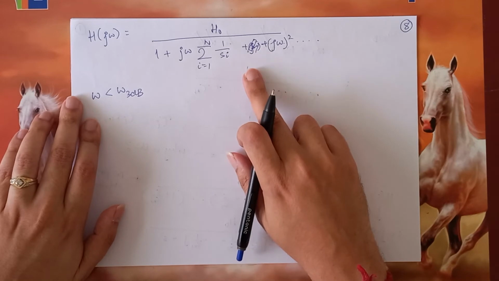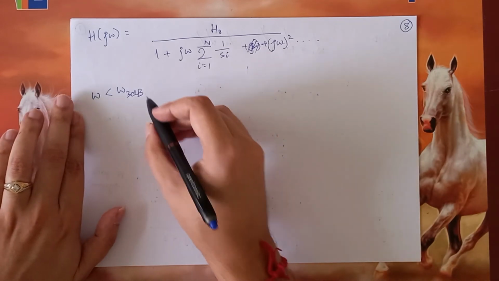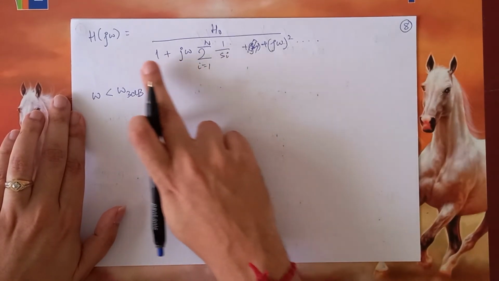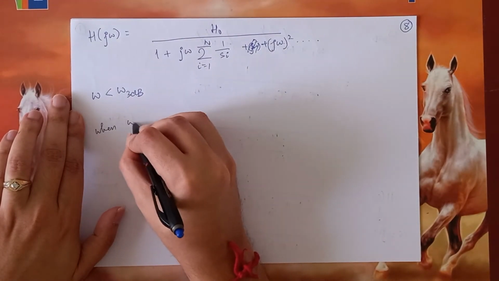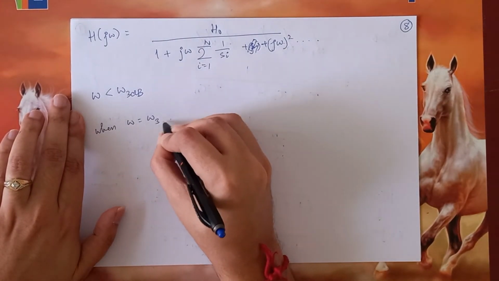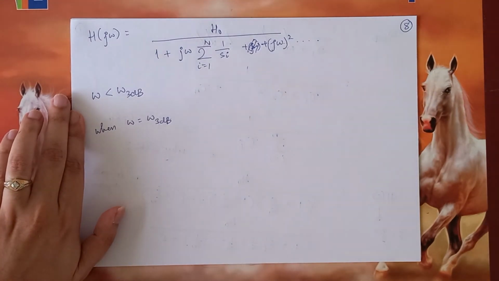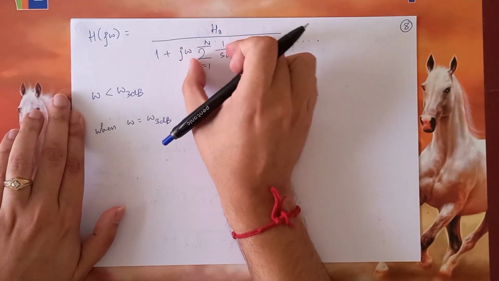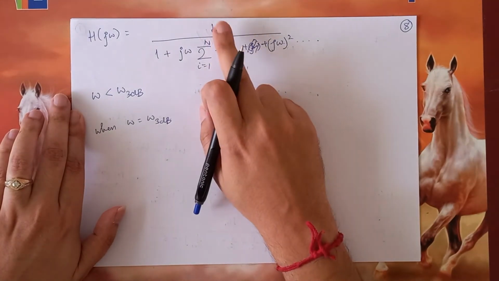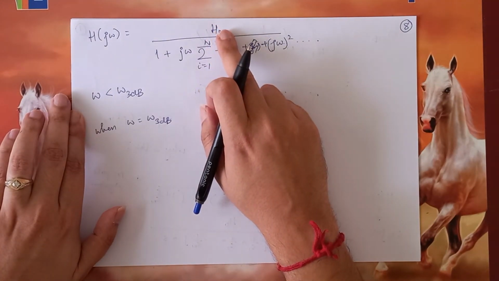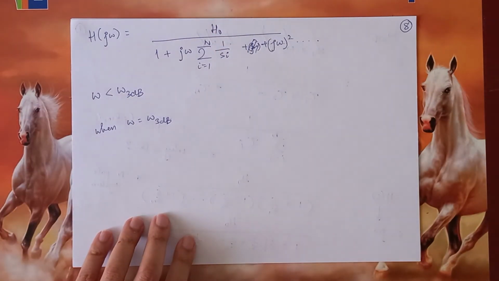So what will happen is that when omega becomes equal to omega 3 dB, this and this in magnitude will be equal, because then the power gain will be 1/2.